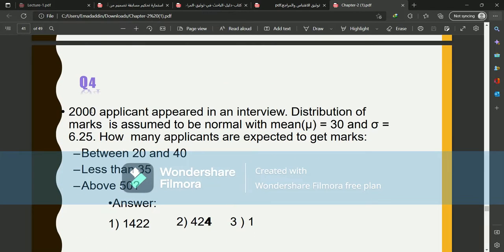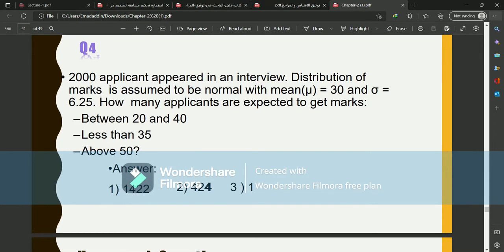For example, question 4. 2000 applicants appeared in an interview. The distribution of marks is assumed to be normal with mean mu equal to 30 and standard deviation equal to 6.25. How many applicants are expected to get marks between 20 and 40, less than 30, and above 50?